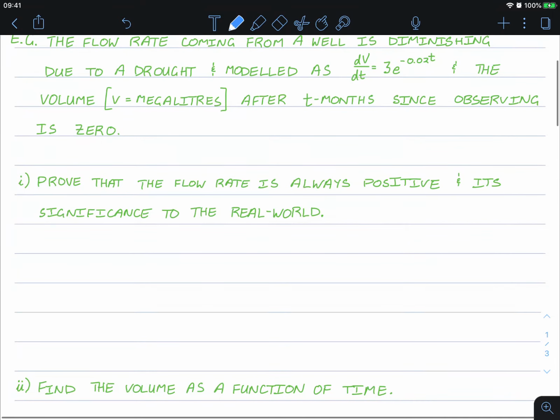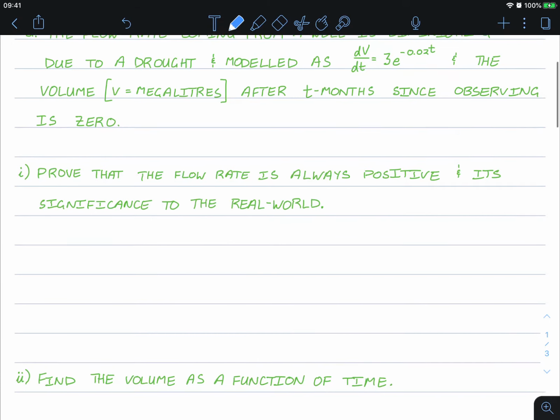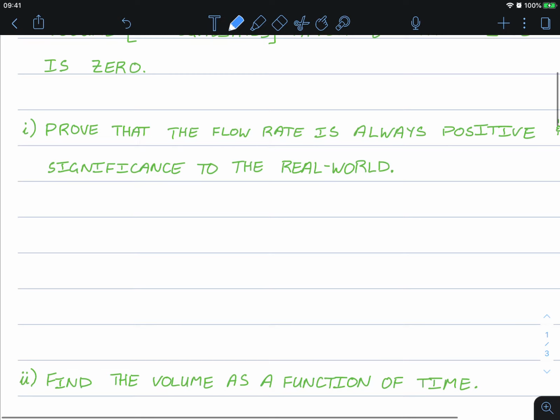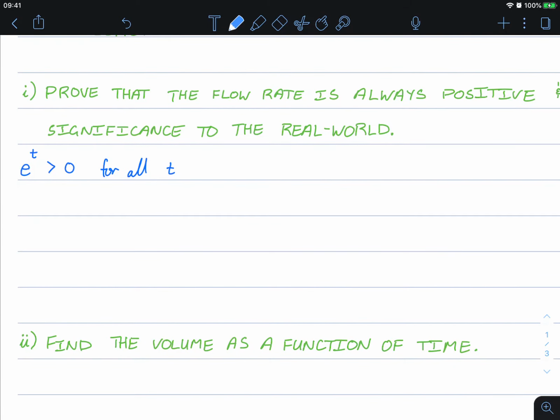If we think about this in two parts, that's e to the power of negative 0.02t. If we consider this as just e raised to t, that's always greater than 0 for all t, because even if you have negative t, for example t equal to negative 1, that'll be e to the power of negative 1, which is 1 on e, which is still positive.